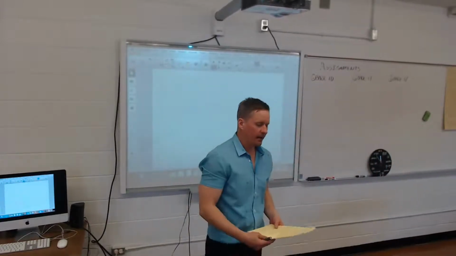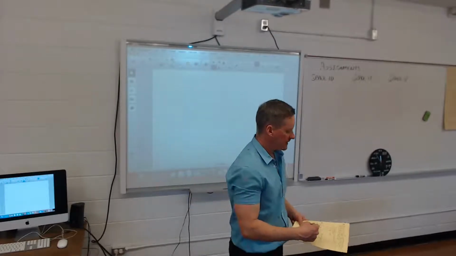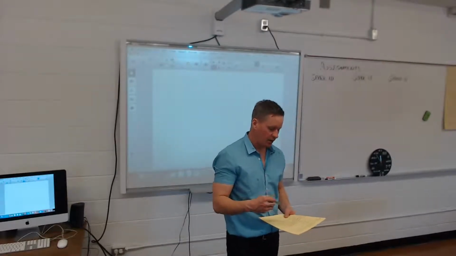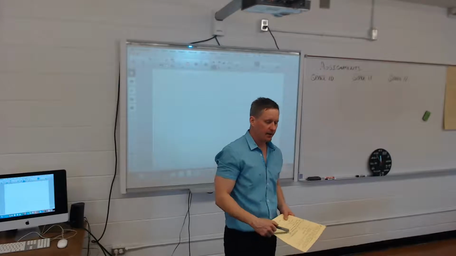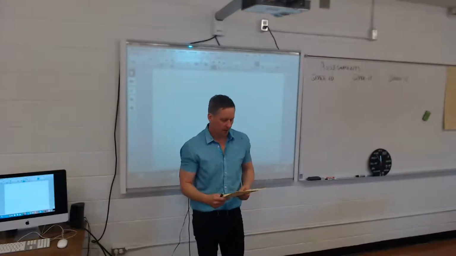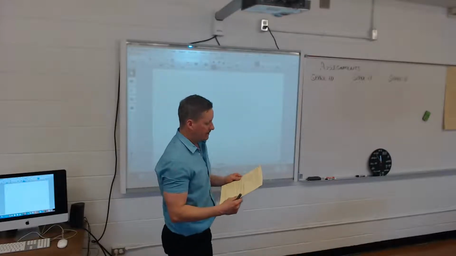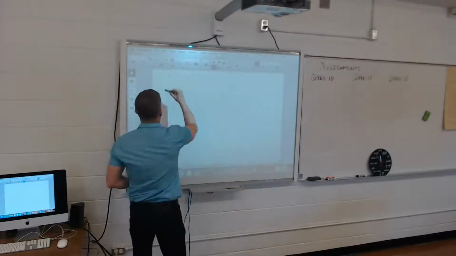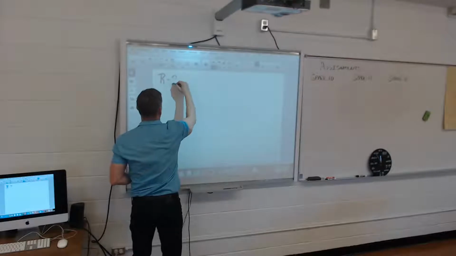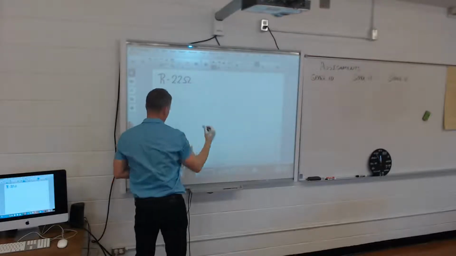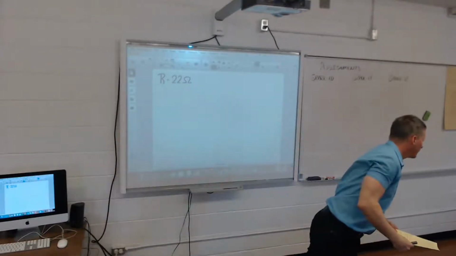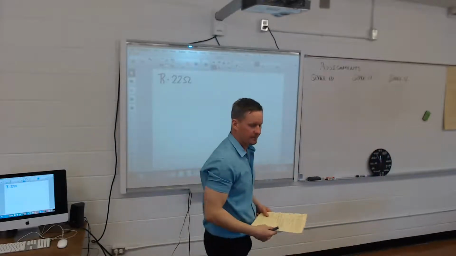All right, so one of our goals in this section is to work with heat efficiency and power being produced. It says the heating element in a percolator has a resistance of 22 ohms. Sorry, where are we again? 451.